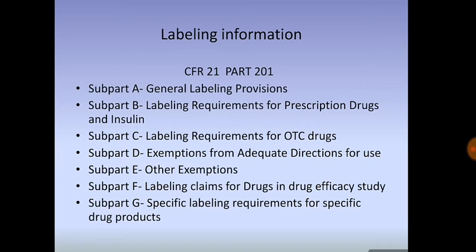Subpart D Exemptions from adequate directions for use. Subpart E Other exemptions. Subpart F Labeling Claims for drugs and drug efficacy study. Subpart G Specific Labeling Requirements for specific drug products.